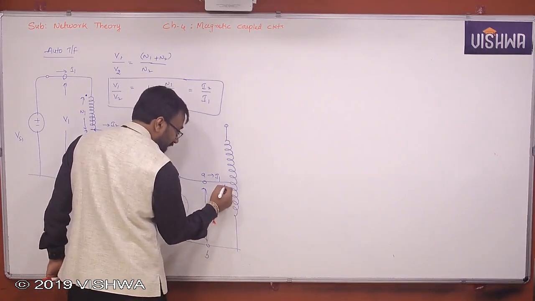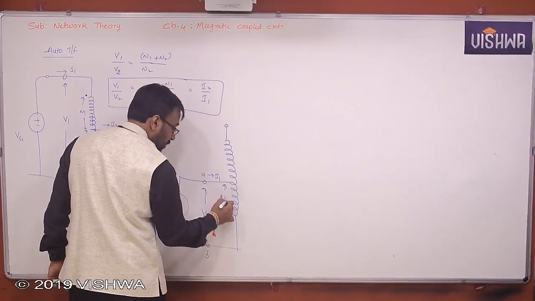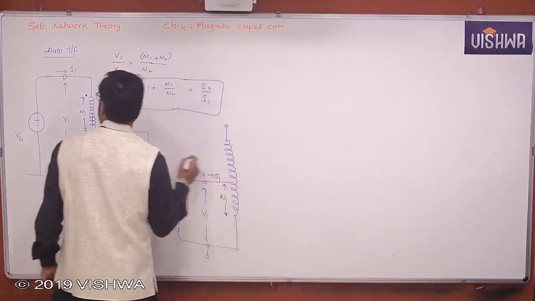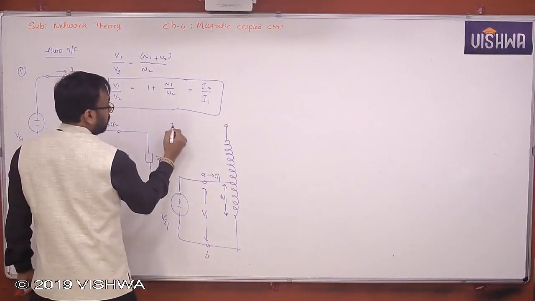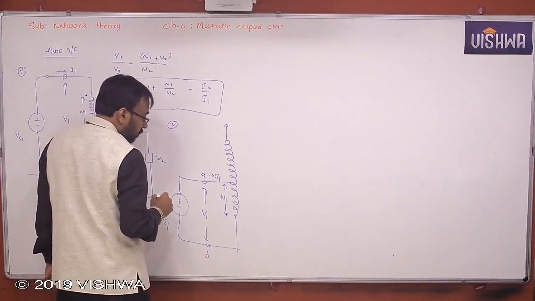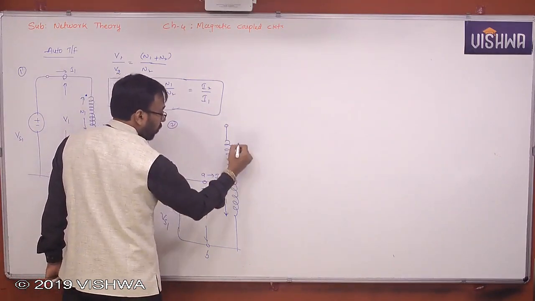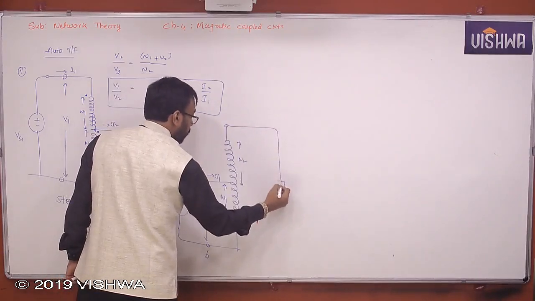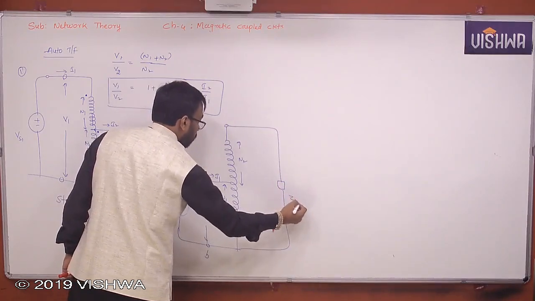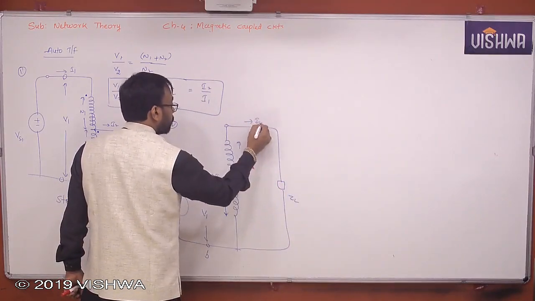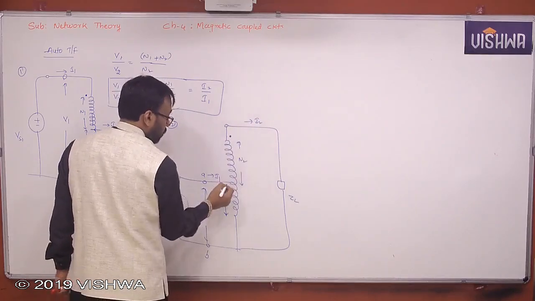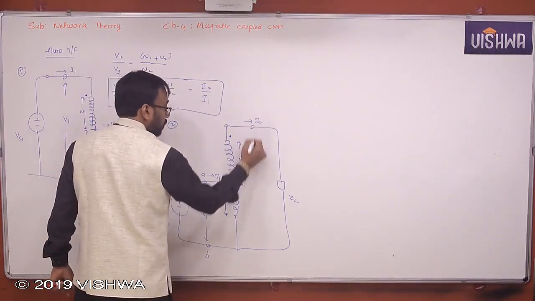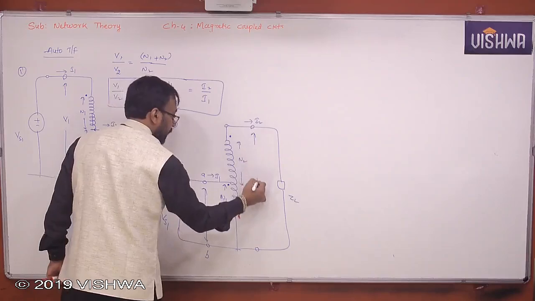Now say this is N1. Now this is what? N2. This is the first case, now the second case. Now this is the load, ZL. This is I2. This is V2. Understand?